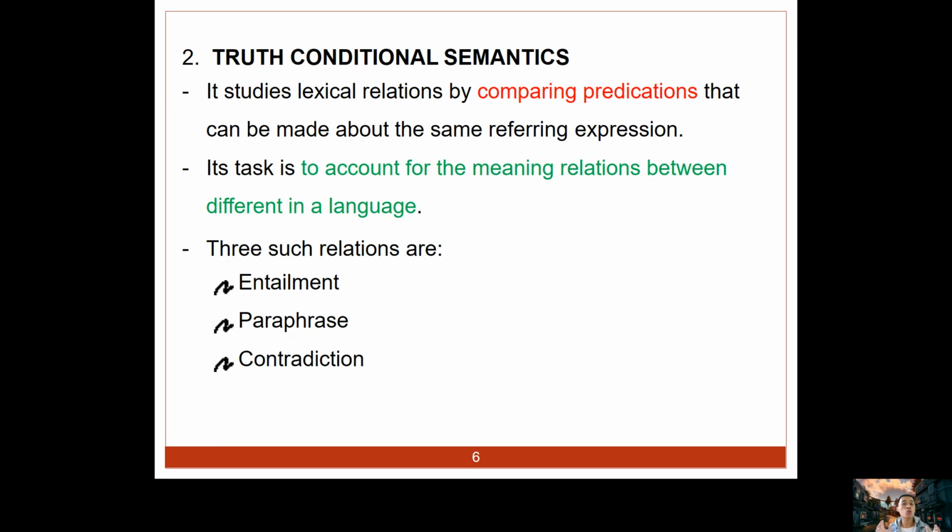I will explain three such relations: entailment, paraphrase, and contradiction.